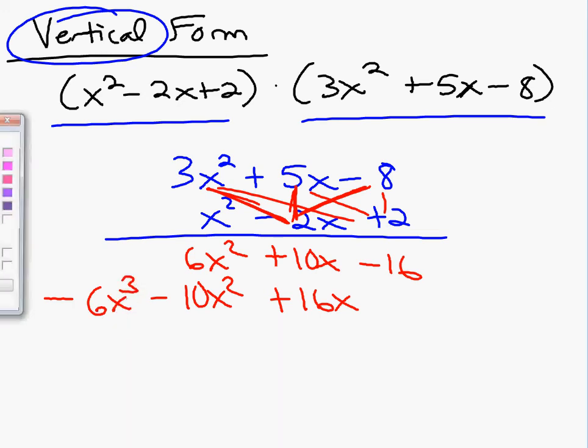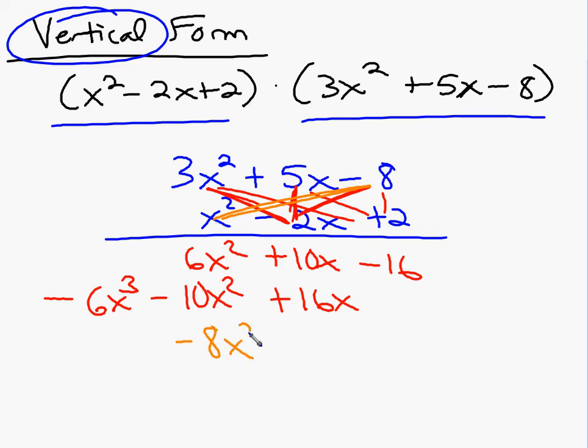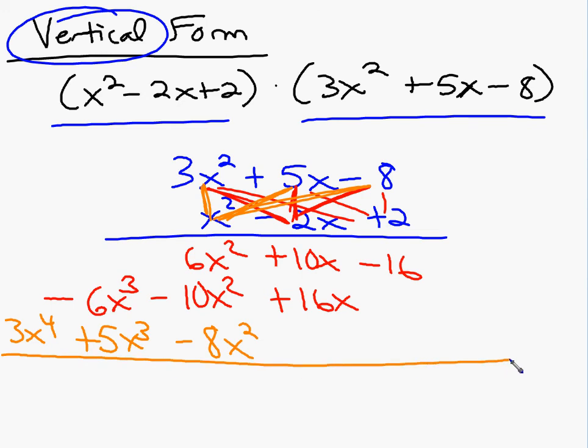Finally, I need to multiply everything by the x squared. So x squared times negative 8 is negative 8x squared. Again, make sure you line up your like terms. Then x squared times positive 5x, that's positive 5x cubed. And then x squared times 3x squared is 3x to the 4th. Then we just combine my like terms vertically.